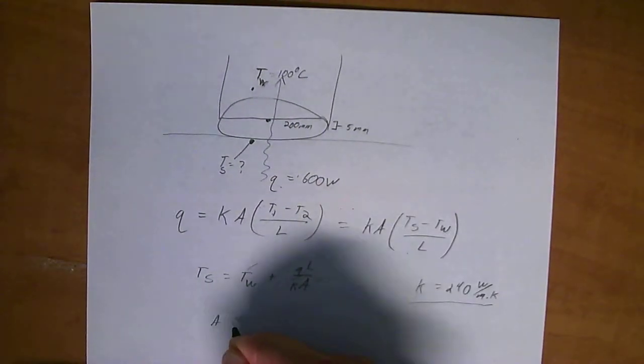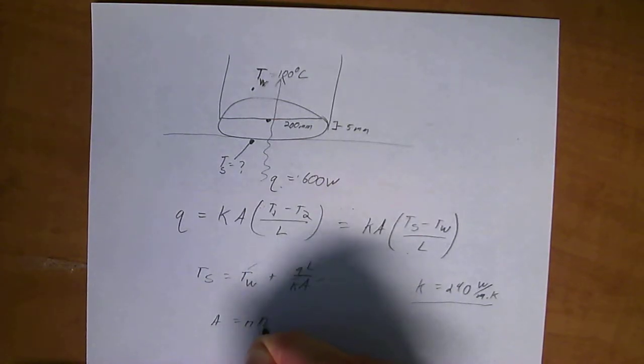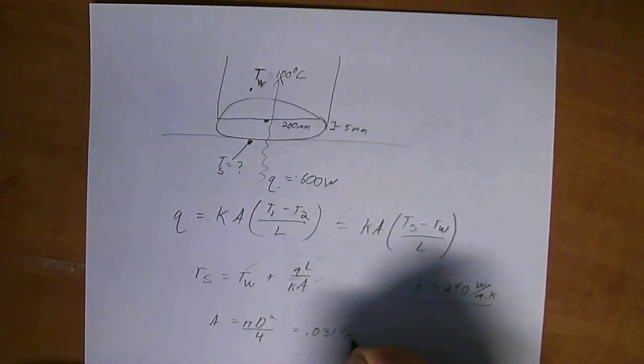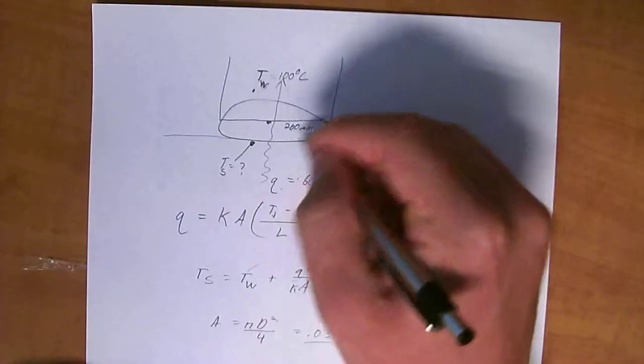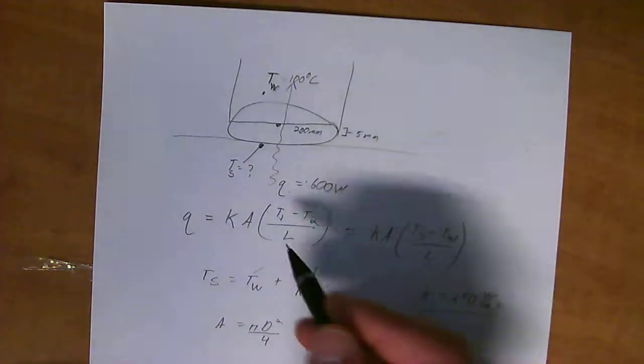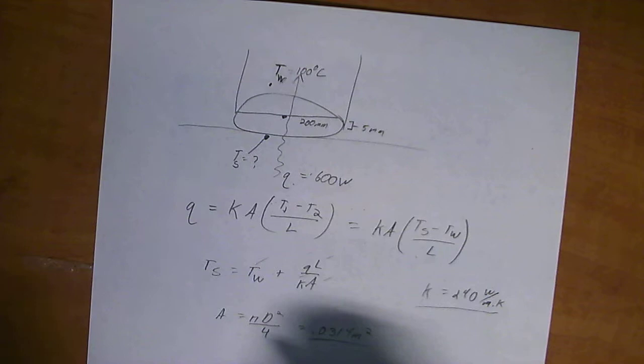We have this equation. We know that the area is equal to pi D squared all over 4, which is going to give us 0.0314 meters squared if you plug in that diameter. Alrighty, and convert it to meters, of course, so 0.2 meters.